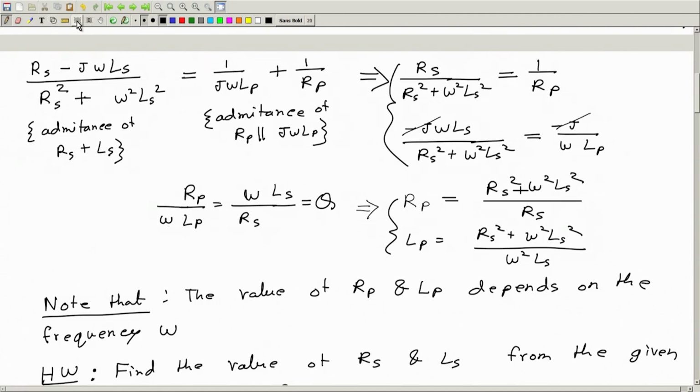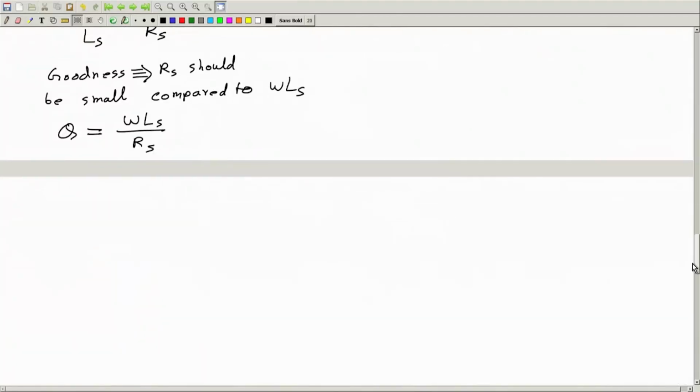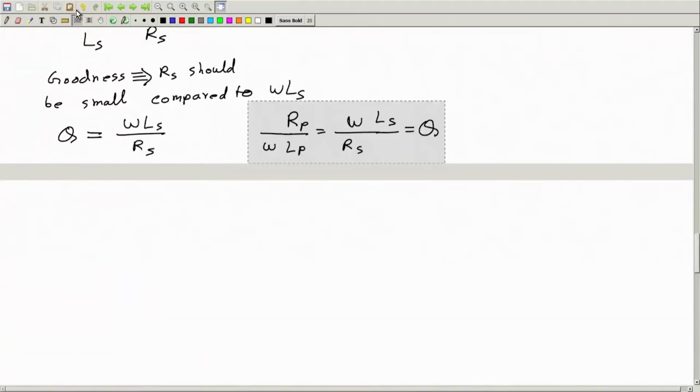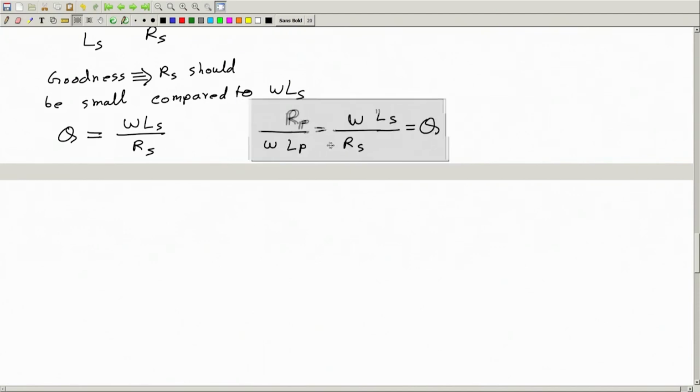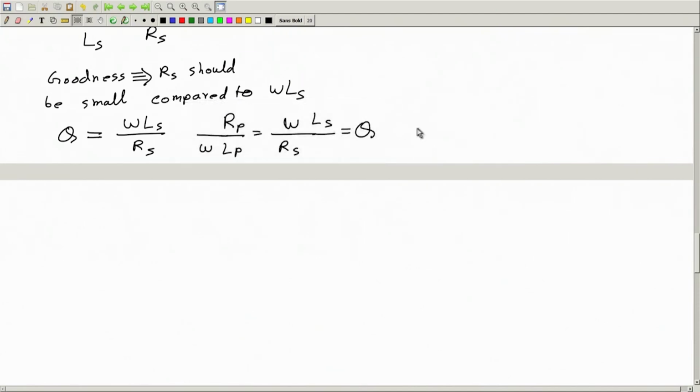Therefore, we can write it like this as well.